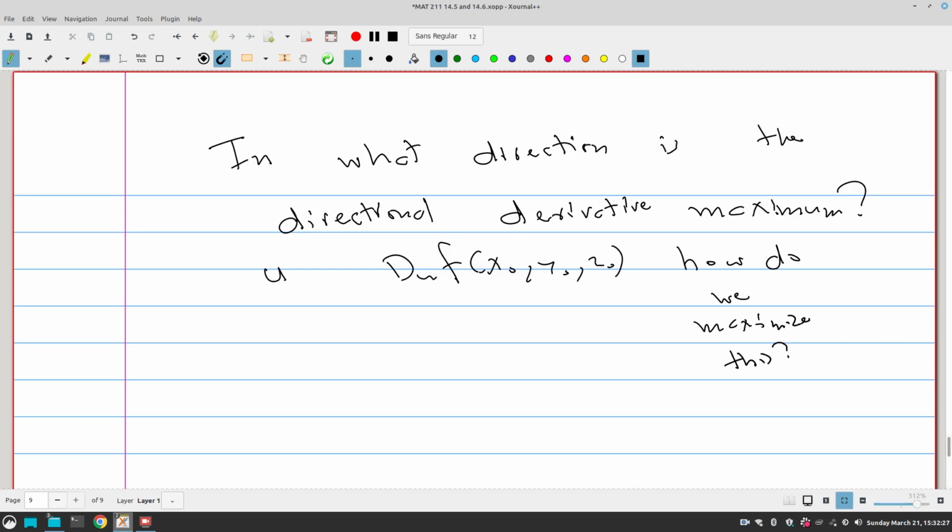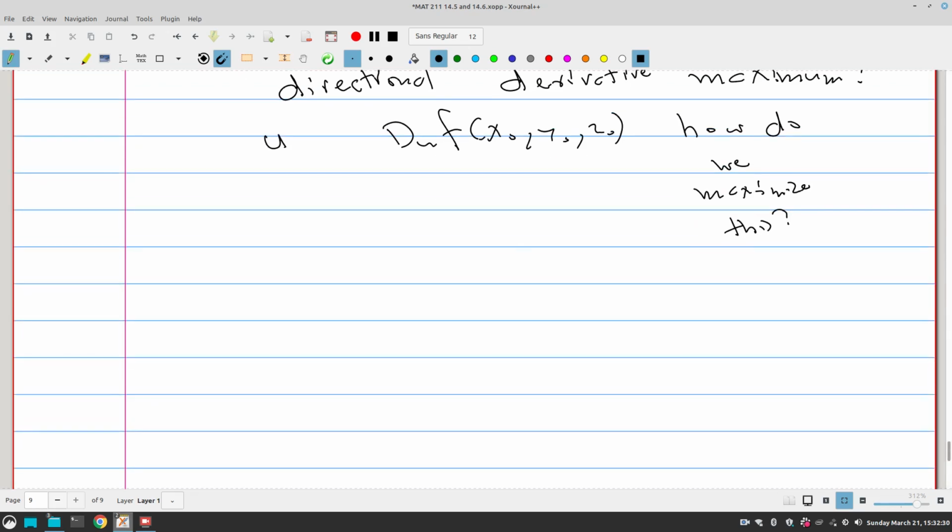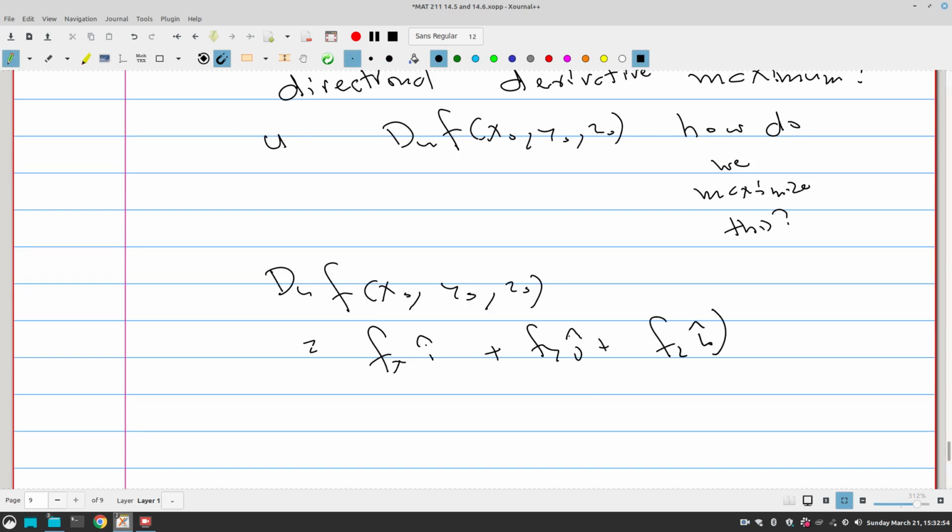Well, then D_u of f at x0, y0, z0 is a dot product, so this is actually equal to fx i hat plus fy j hat plus fz k hat, and all the derivatives are evaluated at x naught, y naught, z naught, comma u.